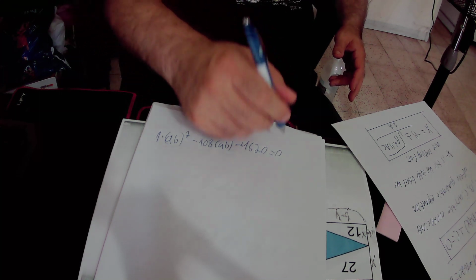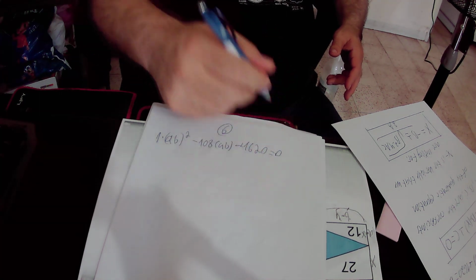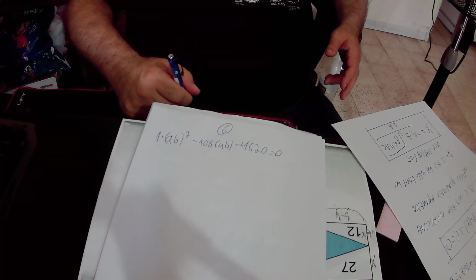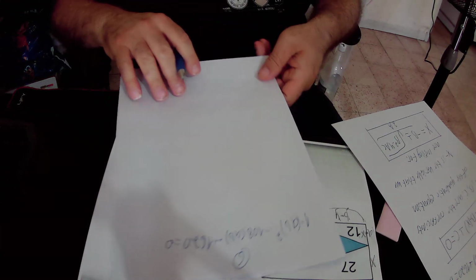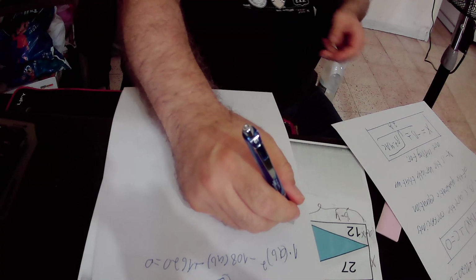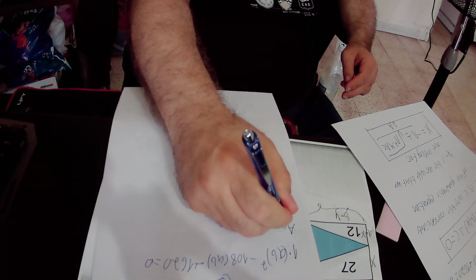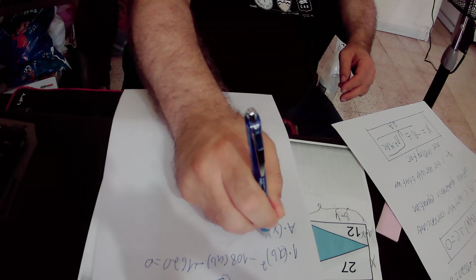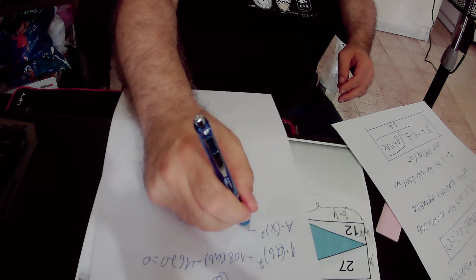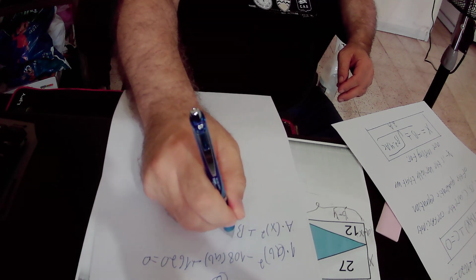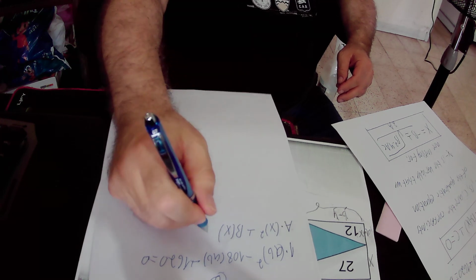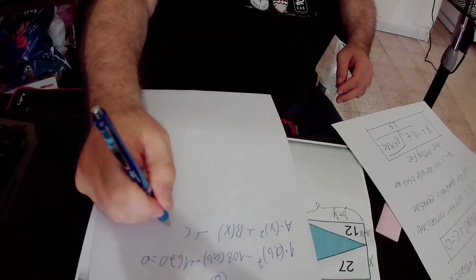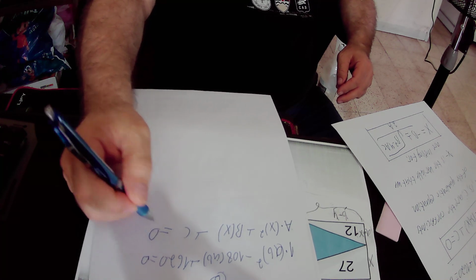Now I will write below the general formula for a quadratic equation: a times x squared plus b times x plus c equals 0.